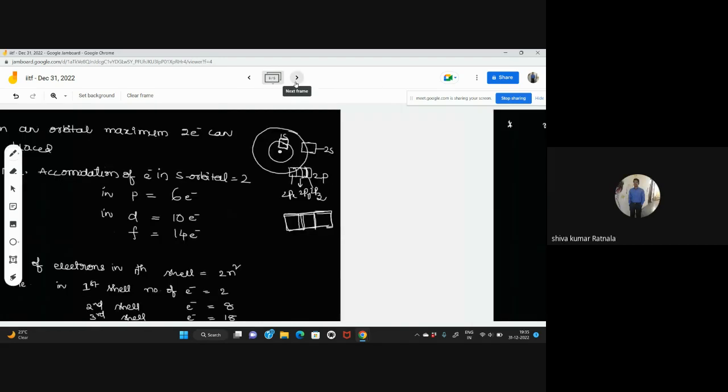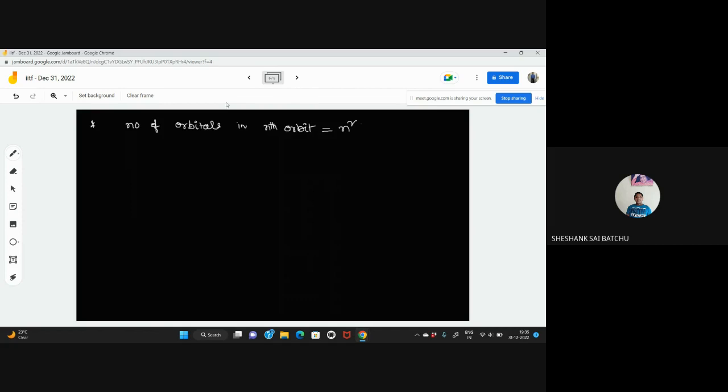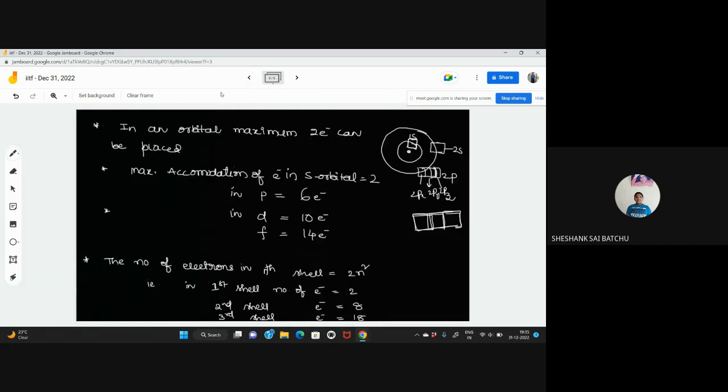So this is about the quantum numbers. You are getting notes, no?